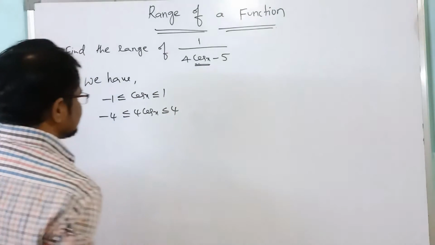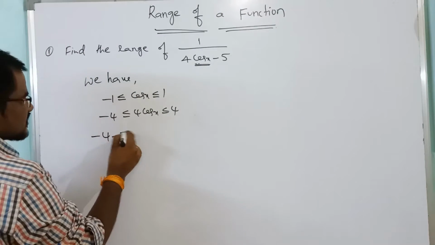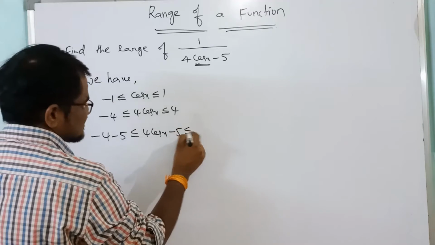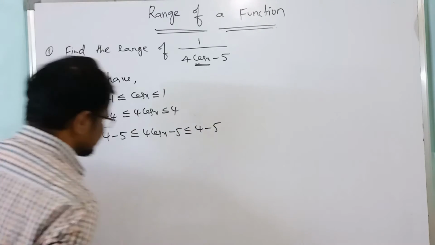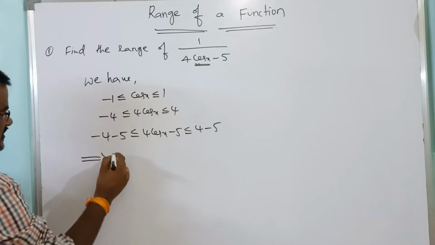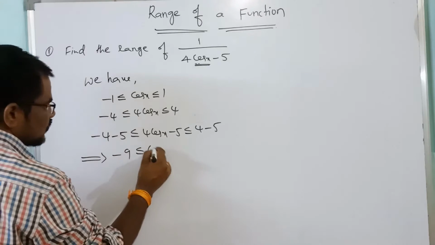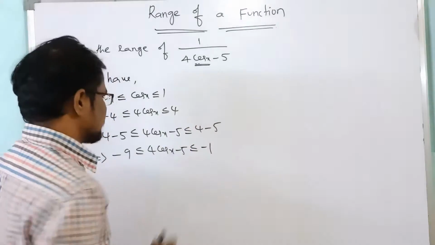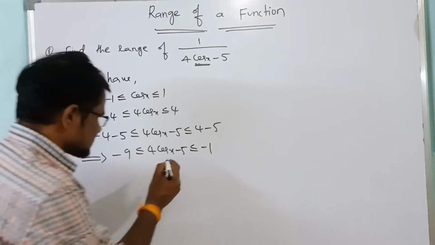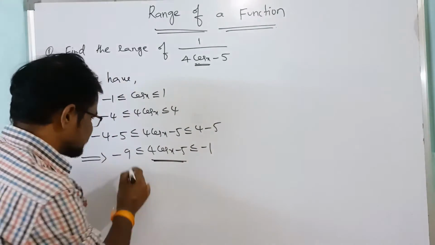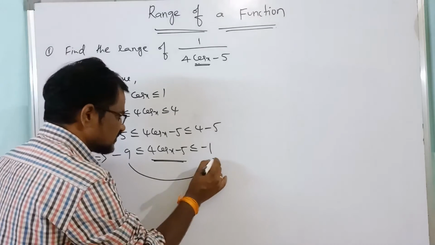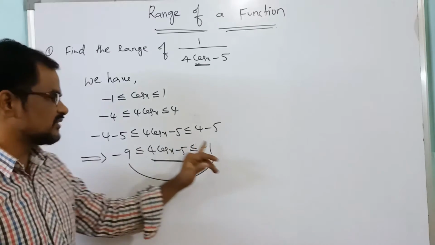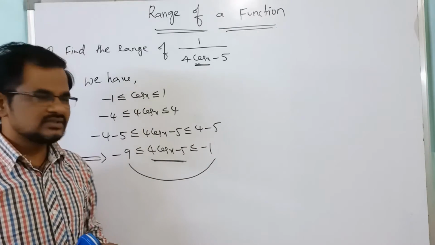Minus 5 is there, so minus 4 minus 5 less than or equal to 4 cos x minus 5 less than or equal to 4 minus 5. That implies minus 9 less than or equal to 4 cos x minus 5 less than or equal to minus 1. Means this lies between minus 9 to minus 1, including minus 9 and minus 1.